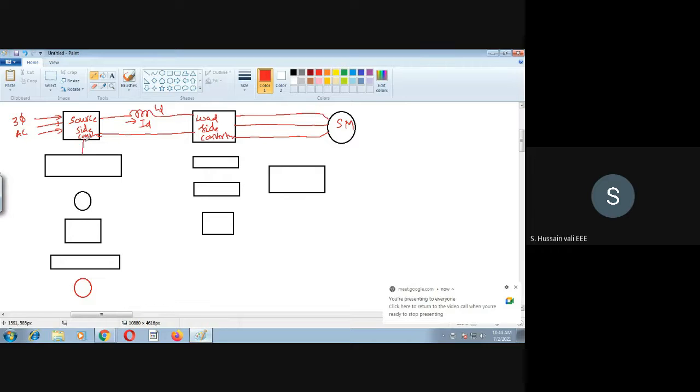So we'll see now. What you find here is the current controller and the firing circuit. Here also you have a firing circuit because you have two converters. So obviously, this is a phase delay.